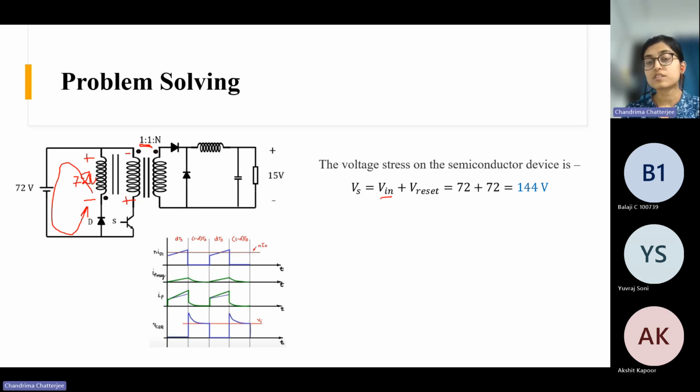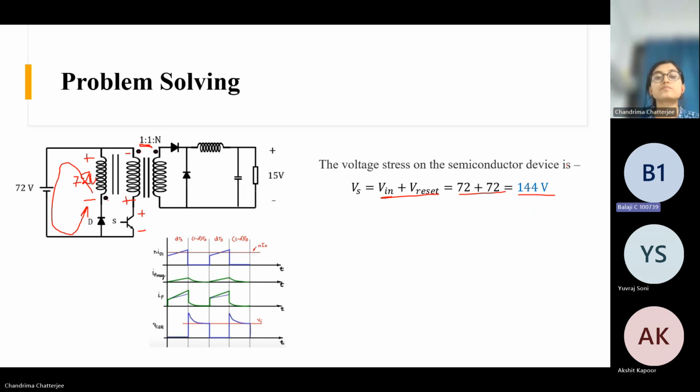So the voltage across this device is 72 plus 72, 144 volt. You can use this loop also or this loop also, you will get the same thing. Here also 72 volt, here also 72 volt, but the dot polarity is opposite. So these two voltages get added and the summation of these two voltages appears across the switch. So this is 144 volt.